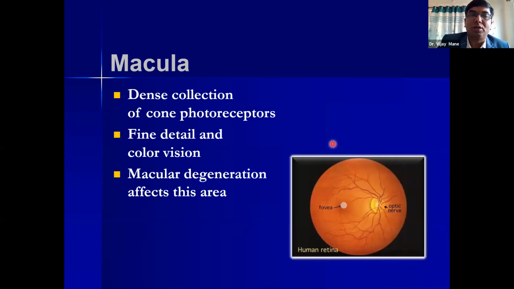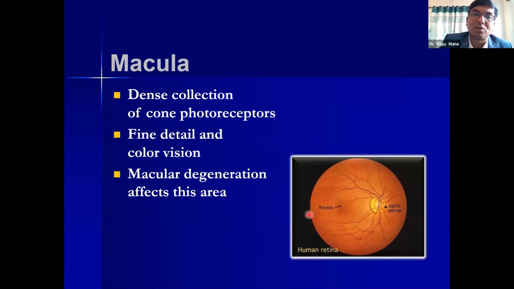Another important parameter is called the fovea. The fovea has a dense collection of photoreceptors, and these are responsible for giving us fine detail and proper color in the seen image. The region around this fovea is called the macula.